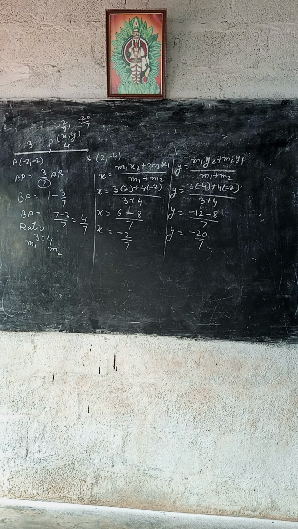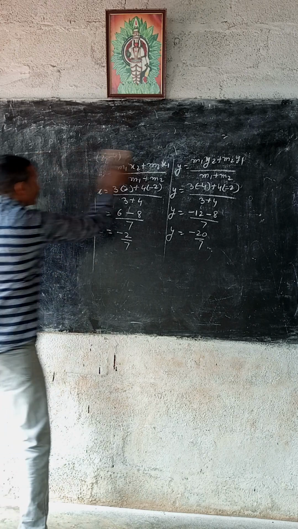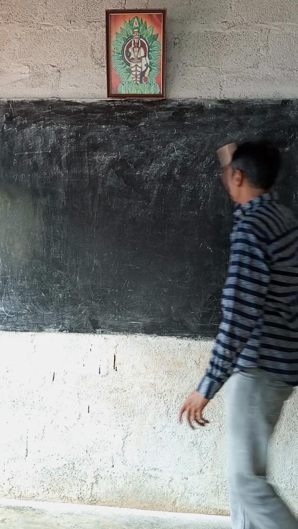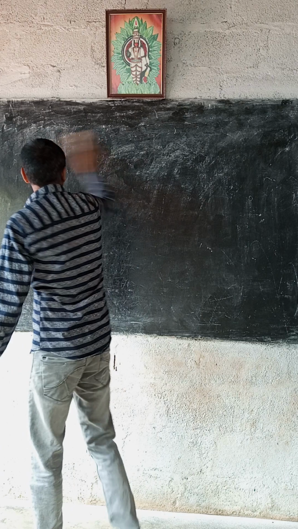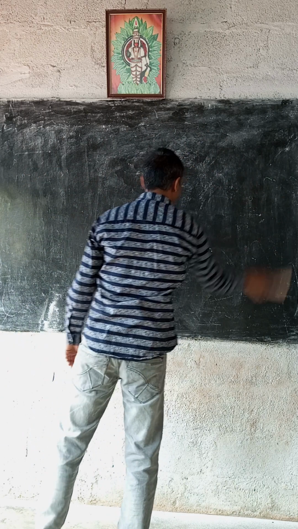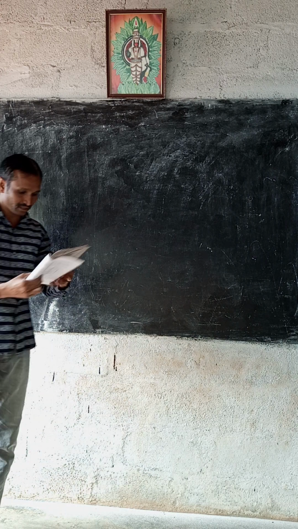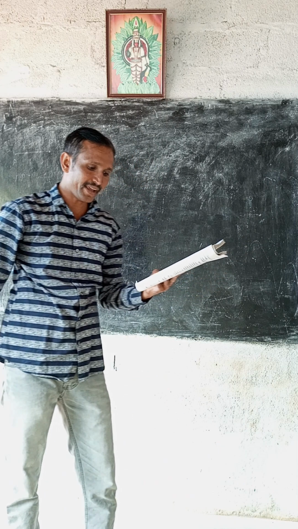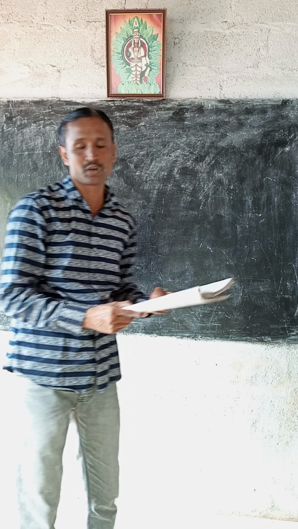Now we are going to question number 9. It is given: find the coordinates of the points which divide the line segment joining A(minus 2, 2) and B(2, 8) into 4 equal parts.